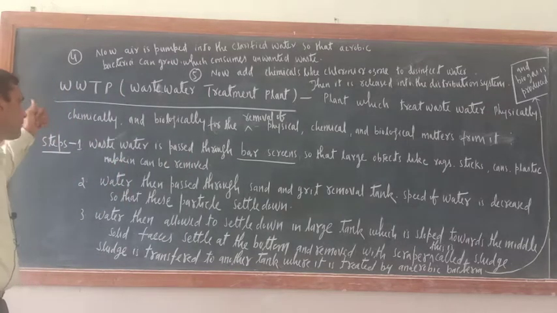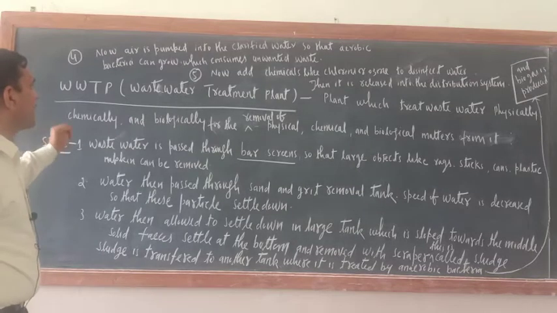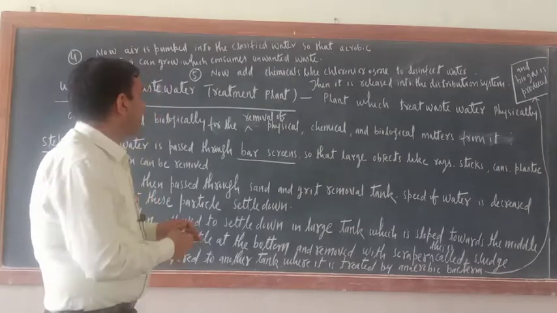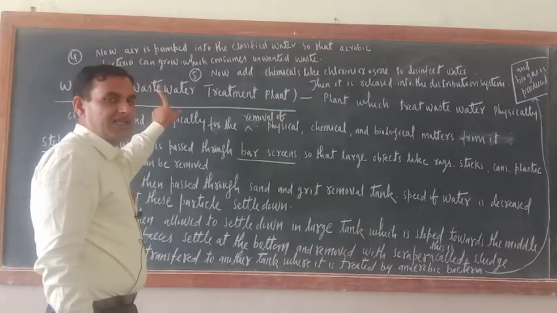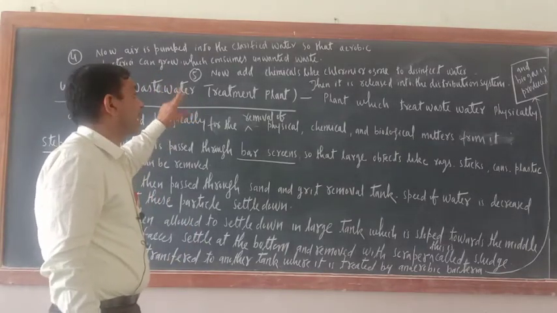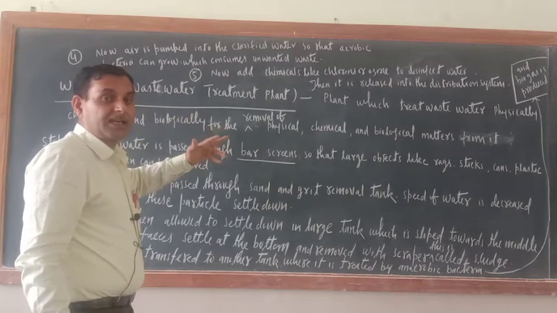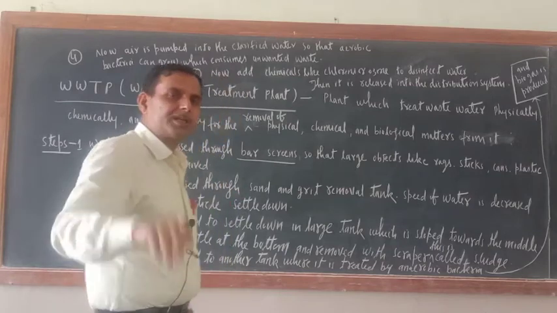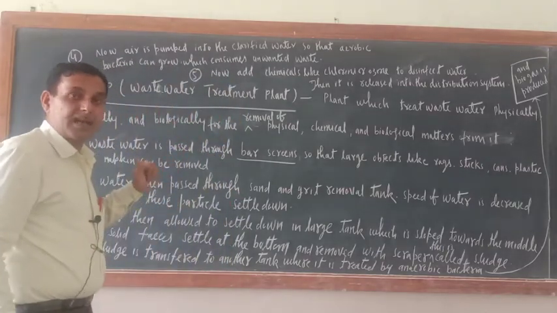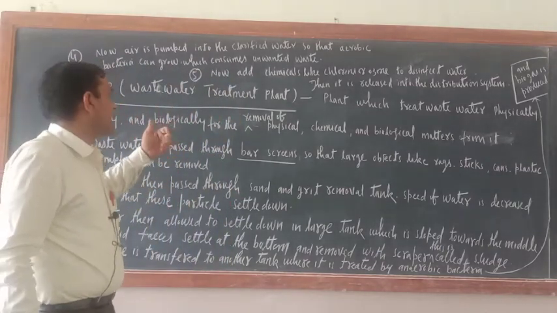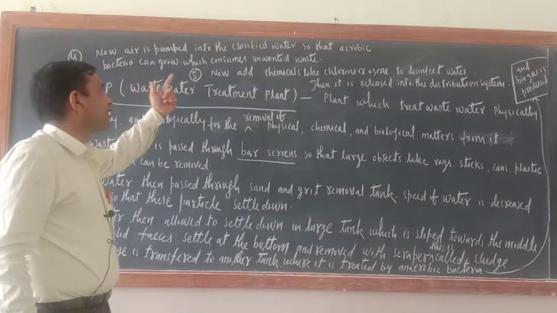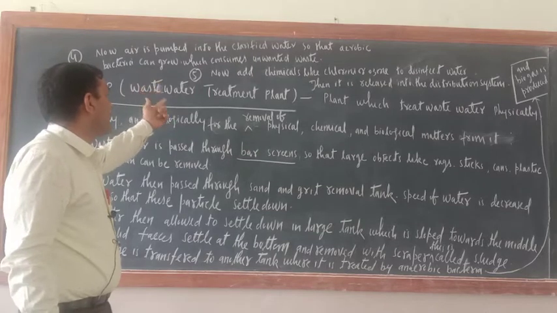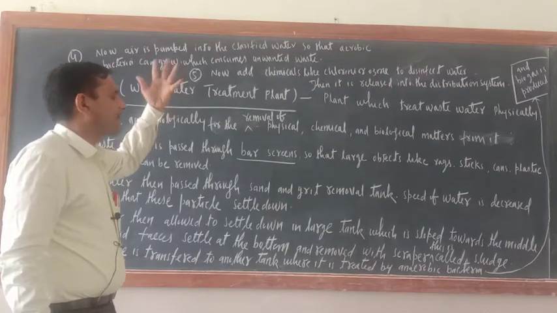Now what is step number 4? Water will go to another tank where this water is known as clarified water. In this tank almost all sorts of impurity is removed. Only what is left there? Biological impurities are left. So now air is pumped into the clarified water so that aerobic bacteria can grow and consume unwanted waste.